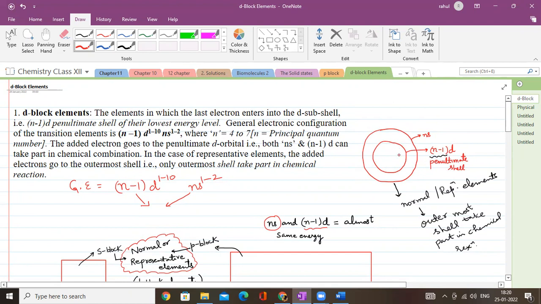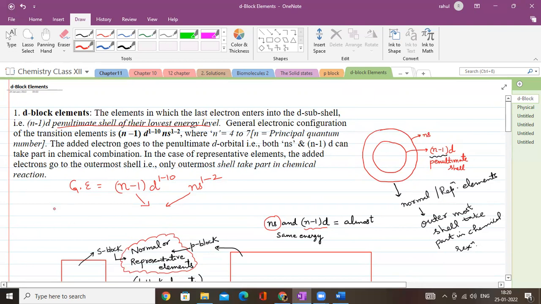So we say that the elements in which the last electron enters into the d subshell, which is of course (n-1)d, the penultimate shell of their lowest energy level, are called D block elements.